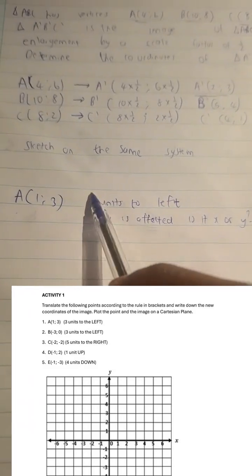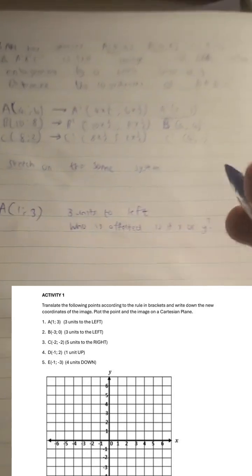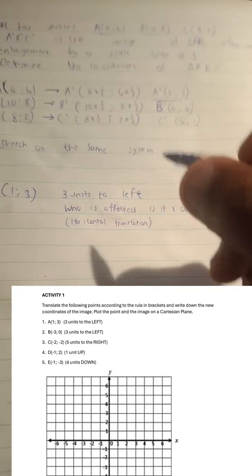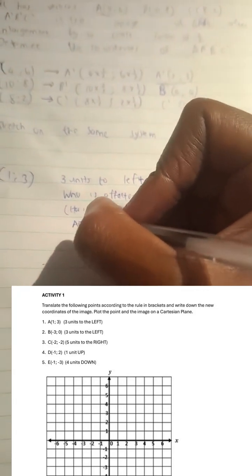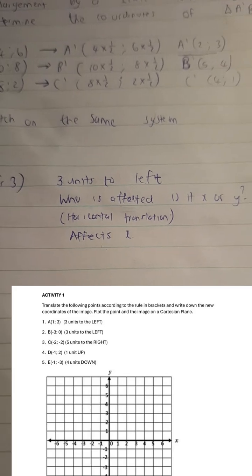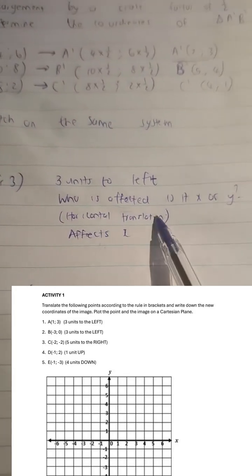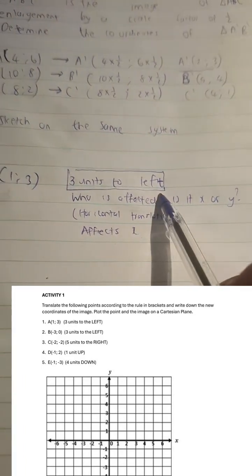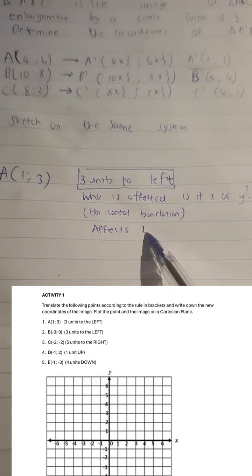Hopefully we understand that when we are talking about left or right movement, that means horizontal translation. And horizontal translation always affects which coordinate? It affects X. Okay, so I'm just trying to recap what we learned. So horizontal translation will affect our x-coordinate. Then if we are saying 3 units to the left, what does to the left mean as far as our x-coordinate is concerned?